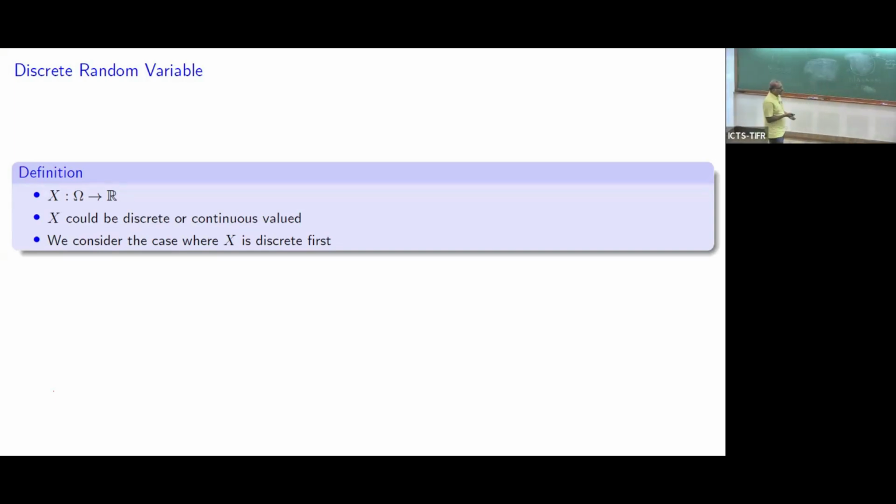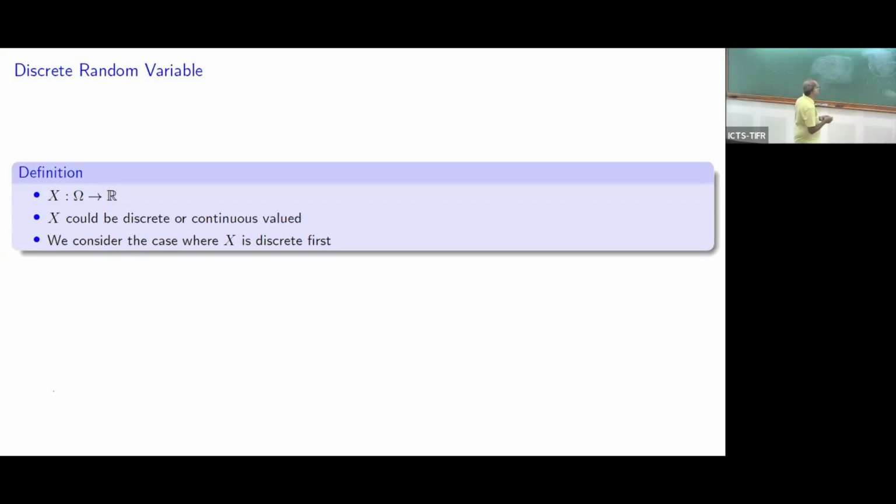And in fact, when you come to modeling, random variables are what is really important. Okay? Usually we don't really talk about the underlying omega and probability when we think about modeling. We usually start off directly with random variables. Okay? So random variables are formally defined as functions which map your sample space into the real line.